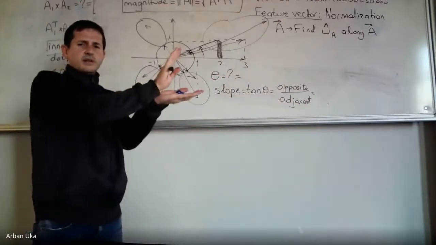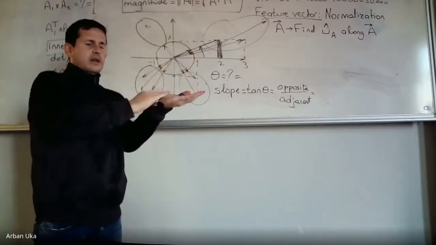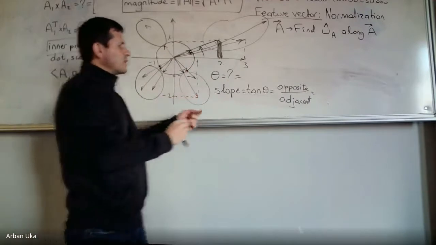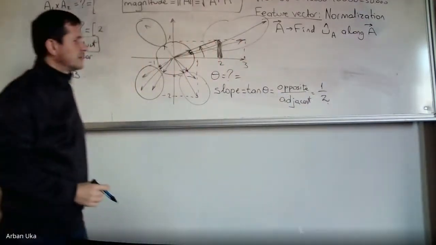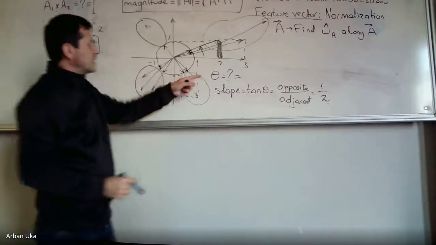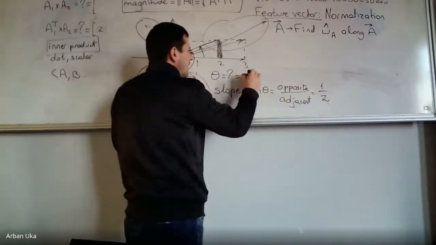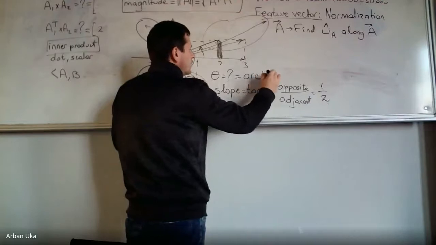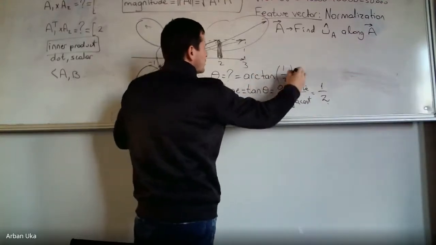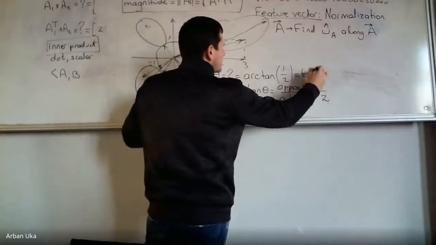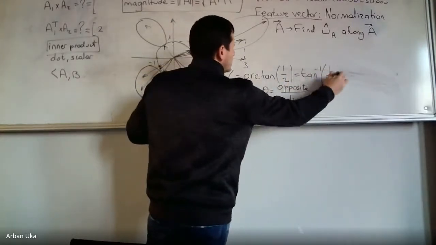So this is the angle, the opposite side is this one, and the adjacent side is this one. So in this case, the opposite side is 1 divided by 2. And this angle theta is going to be equal to arc tangent of 1 to 2, which we can also define as tangent inverse 1 to 2.